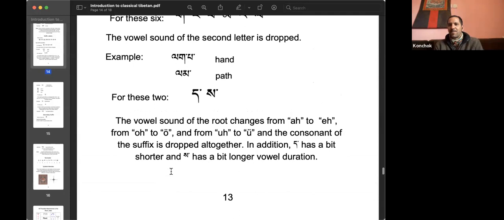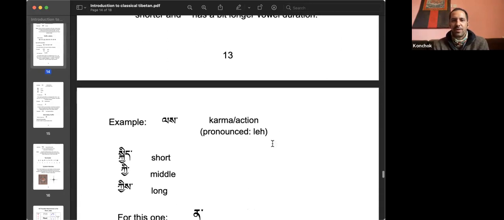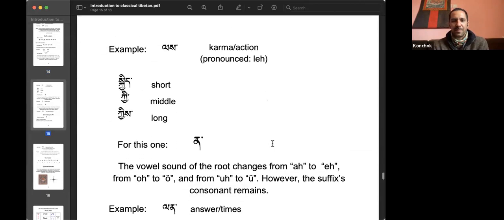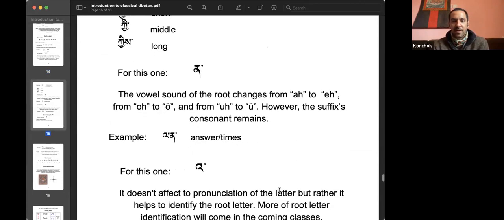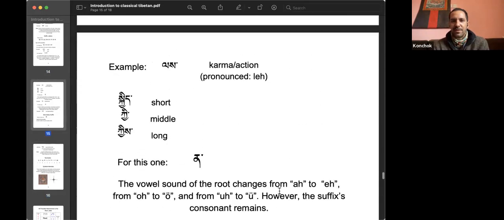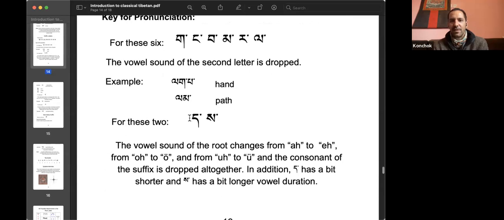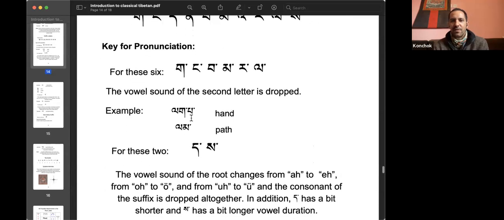Okay. Are there any questions about what we covered today? No? So please memorize these rules, and next class, for sure, we will finish the last rules, which are basically, we just need to cover the suffix letters.